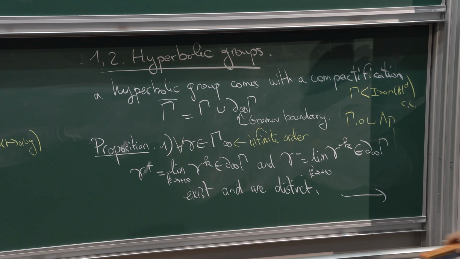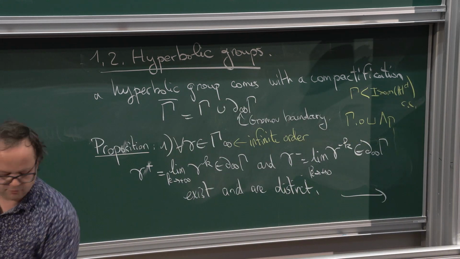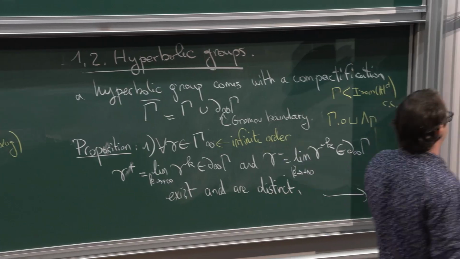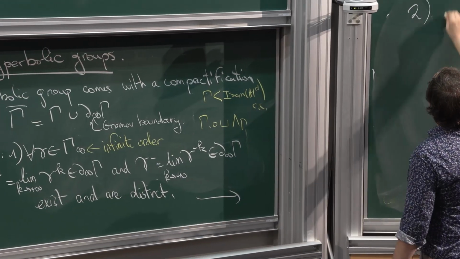And the second condition, which is very close to being a defining condition of this action, is what we call the convergence property.